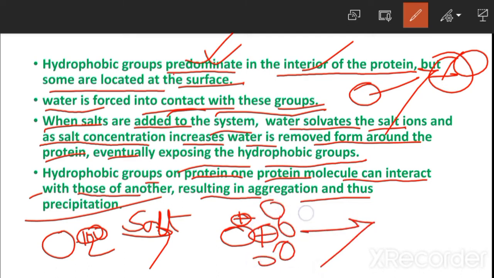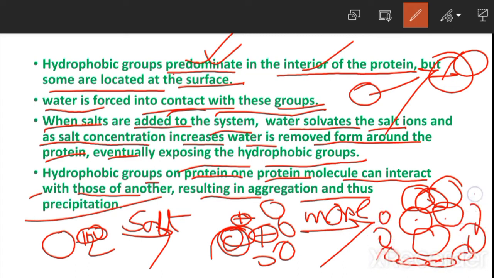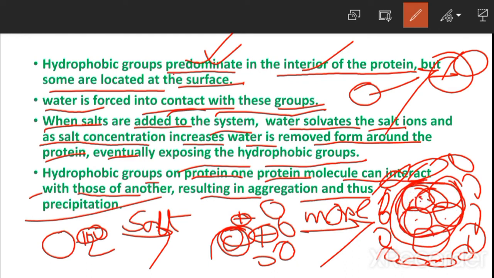In the next condition, when you put in more salt, the hydrophobic region of the protein is exposed, and the water molecules interact with this hydrophobic region. In this condition, the protein aggregates, and the salt ions form a sphere, and this protein precipitates because it is in an aggregated form with the hydrophobic region.